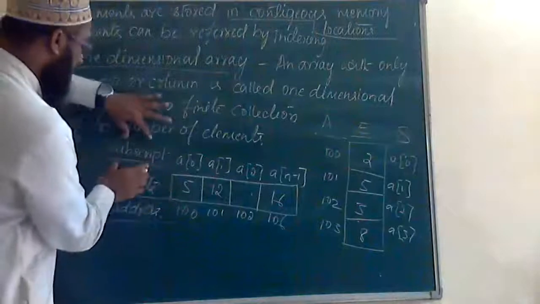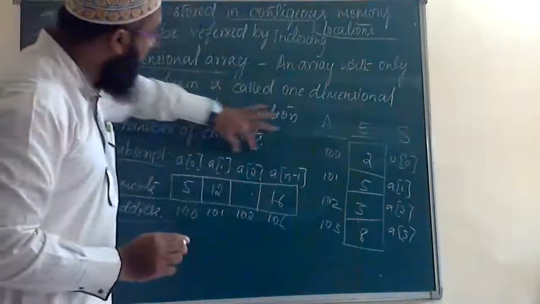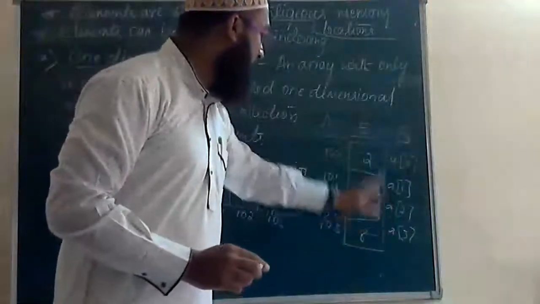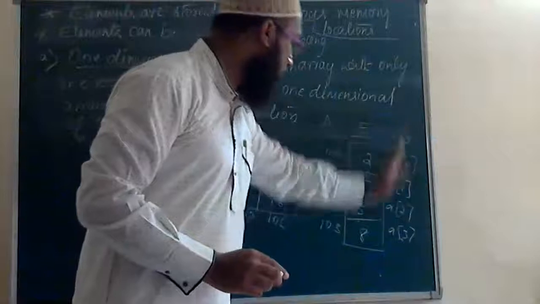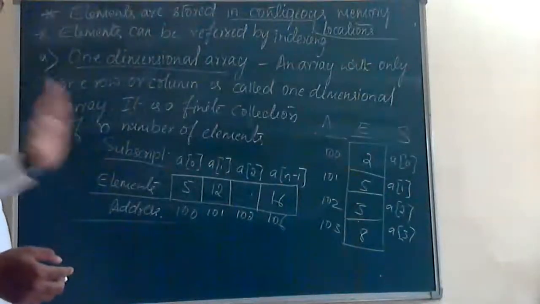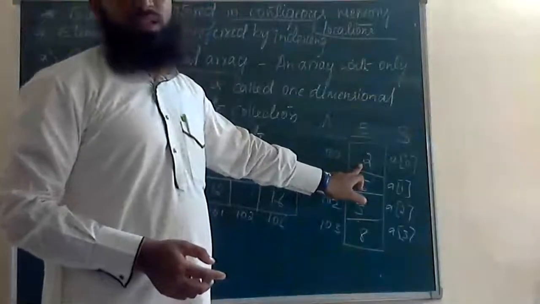Indexing means the subscript should have a unique representation. These are the indexes, or the subscripts, of every data element. Elements can be referred to means we will not directly write the element in the array.